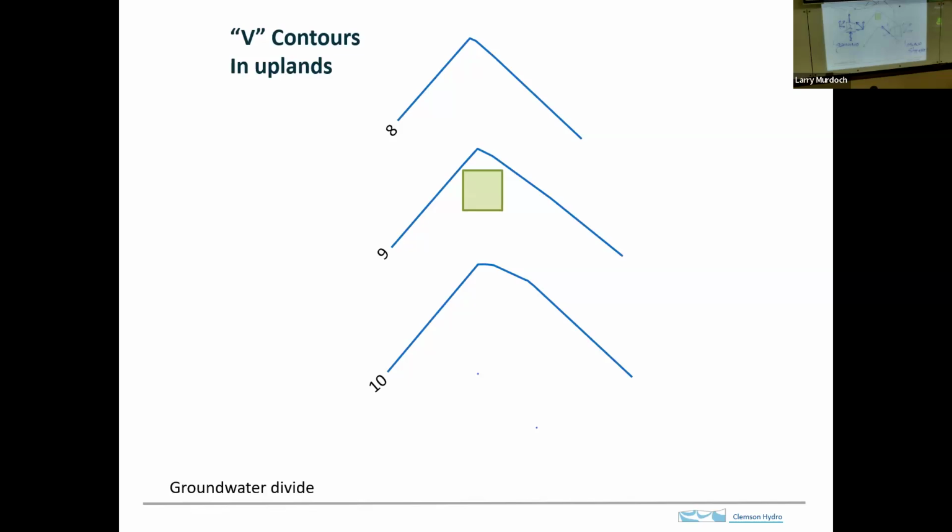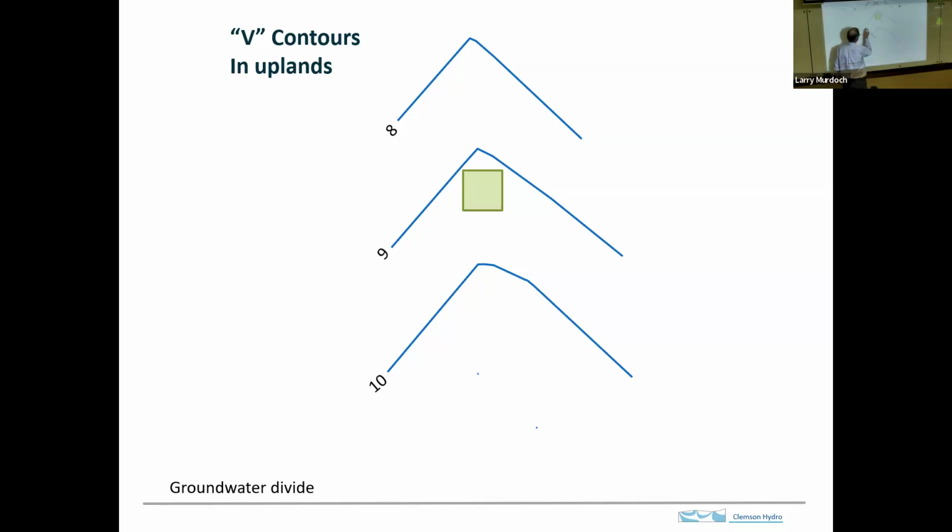Okay, so here's a similar pattern, but it means something different. So here's a contour forming that kind of pattern, and 9.